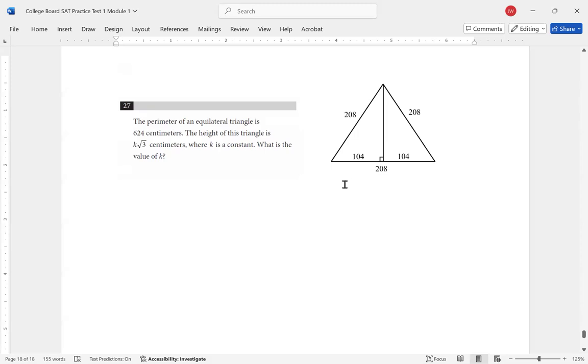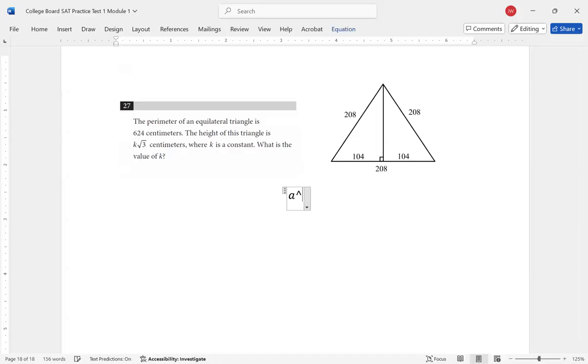Now, at this point, in order to find the height of this triangle, you can use the Pythagorean theorem on this interior right triangle. This interior right triangle has hypotenuse of 208. The height is one leg, and the other leg is 104.